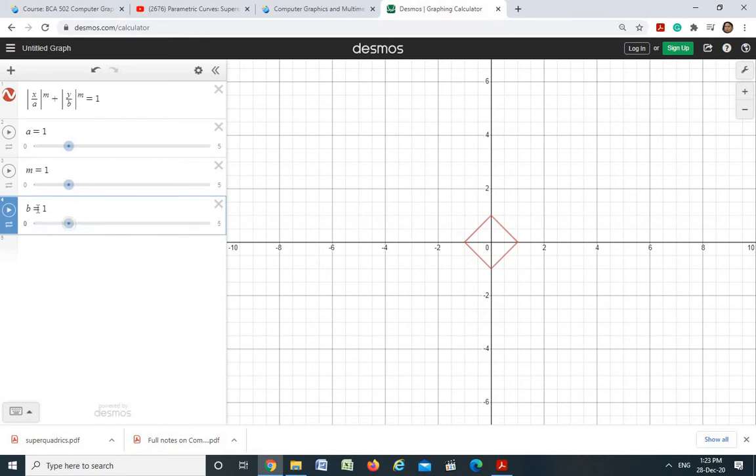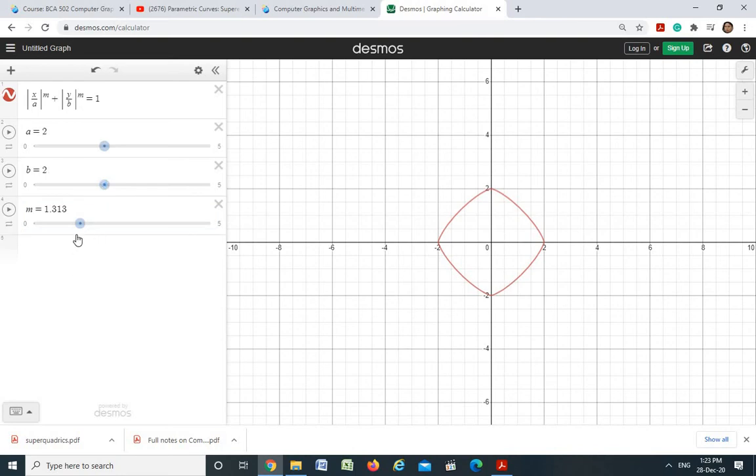Now let us put a equals 2 and b equals 2, and make them constant for now. You can play with it.